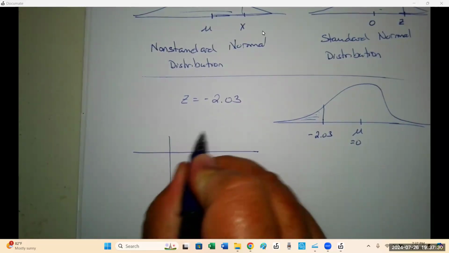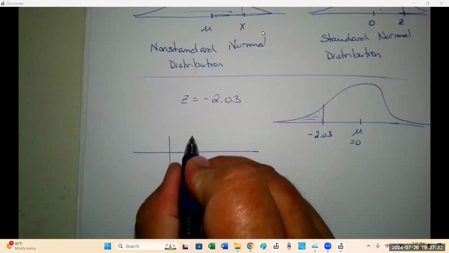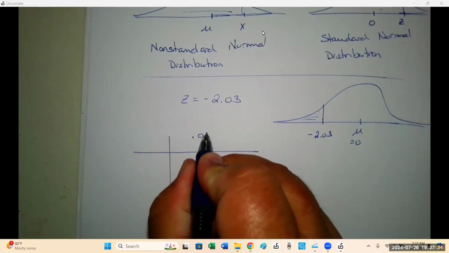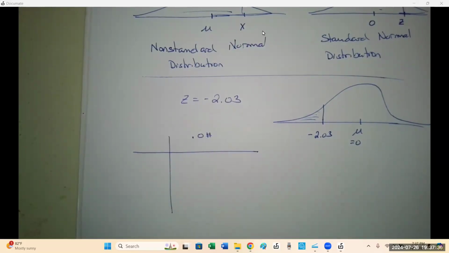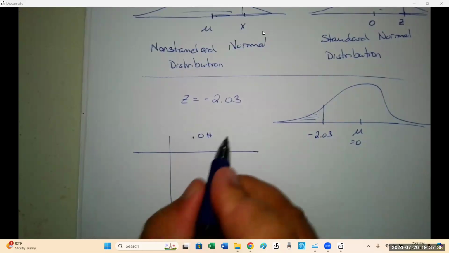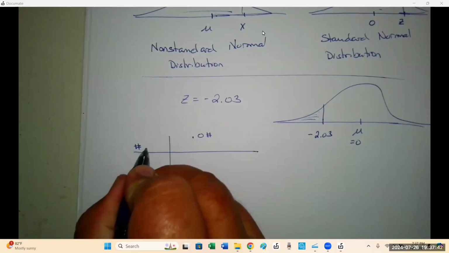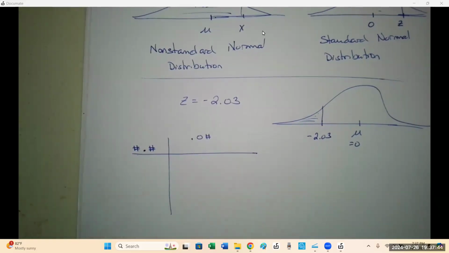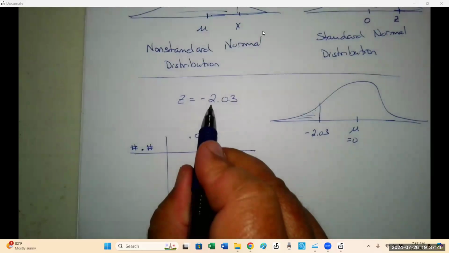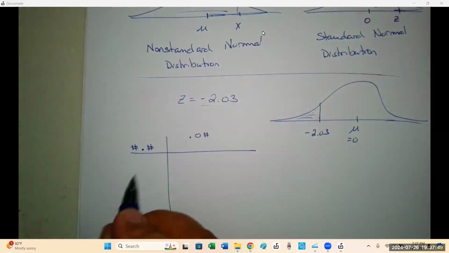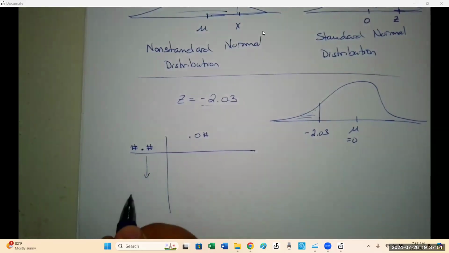On top here, we have 0.0, the number. That's all the way in the heart. And on the vertical column, we have a number, decimal, a number. So to find this, we would go all the way down till we get to negative 2.0.